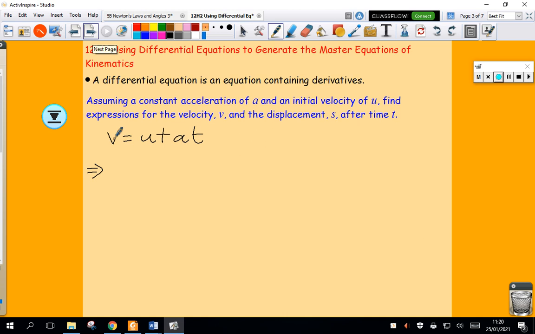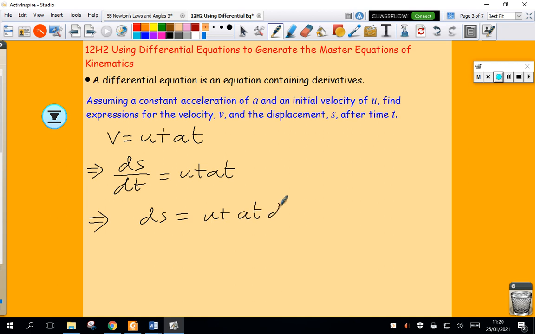So I'm going to use that substitution in here. ds/dt is equal to u plus at. Differential equation, first order, it's separable, so I'm going to separate and integrate. I separate by multiplying on both sides by dt. And now I integrate, take the antiderivative on each side.